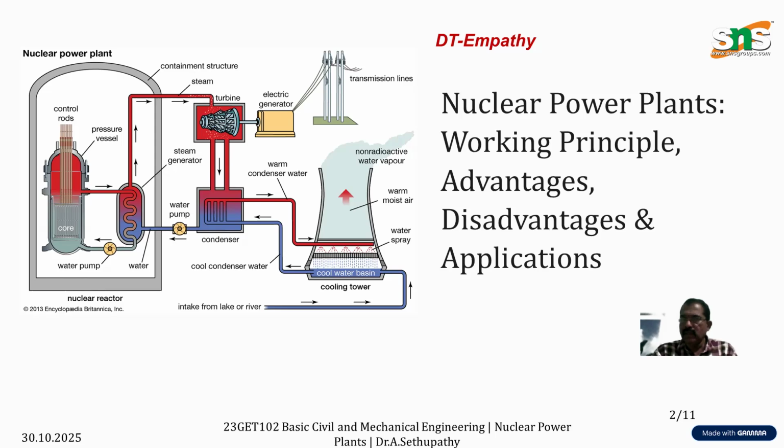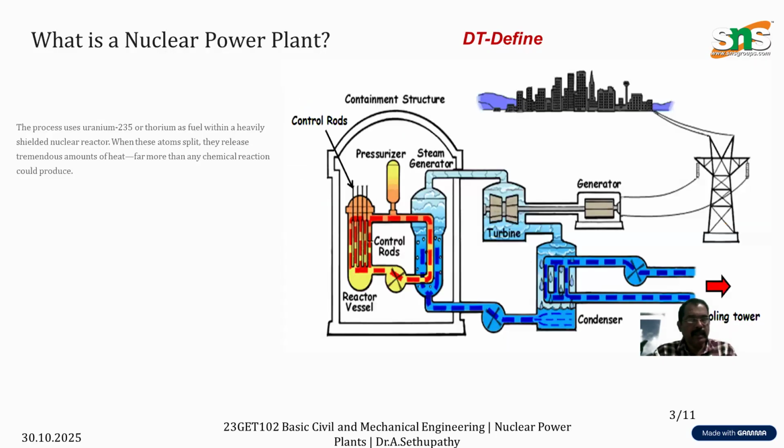The cooling water circuit line is also connected with the pressure vessels. Pumps are used to increase the water pressure in the pressure vessels. So this is the schematic diagram of the nuclear power plant.